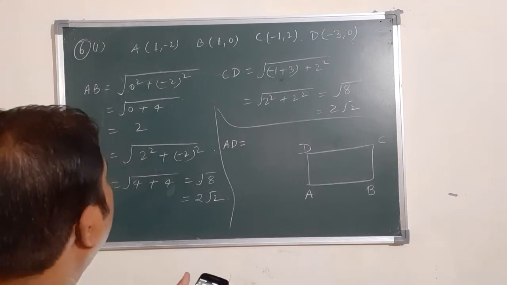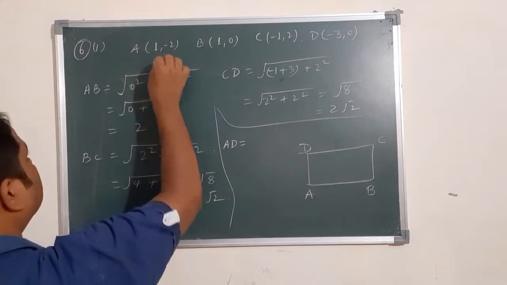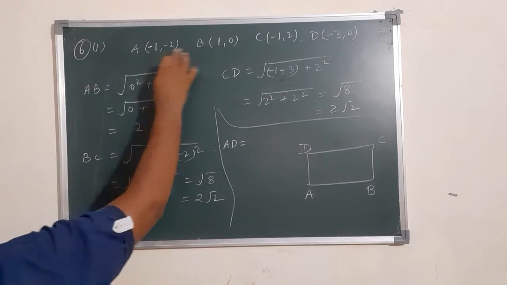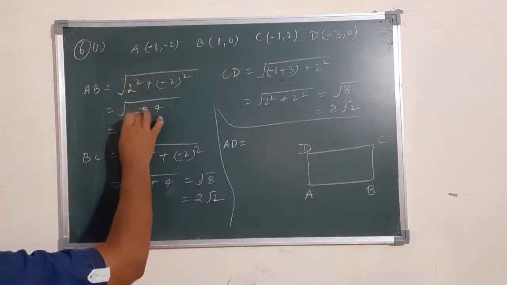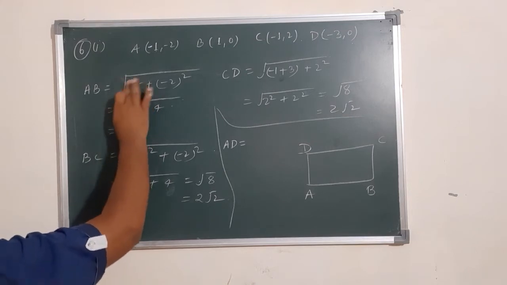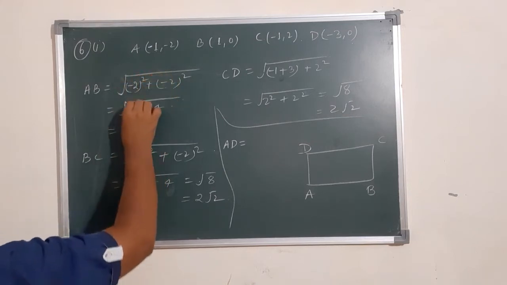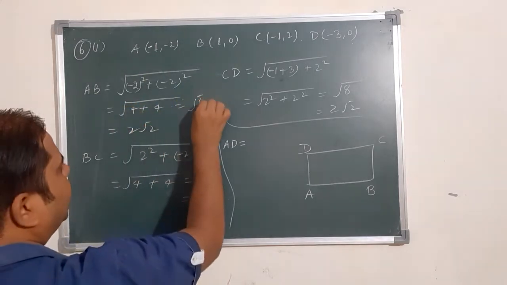Yes, minus 1 and minus 2. Sorry, this is minus 1 and minus 2. So minus 1 minus 1, this is also 2 whole square, and minus 2 whole square, and this is 4, and this is also 2 root 2, because this is root 8.